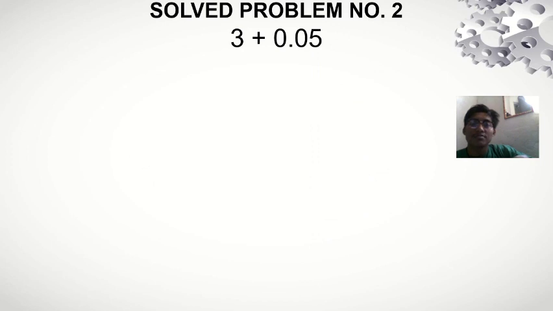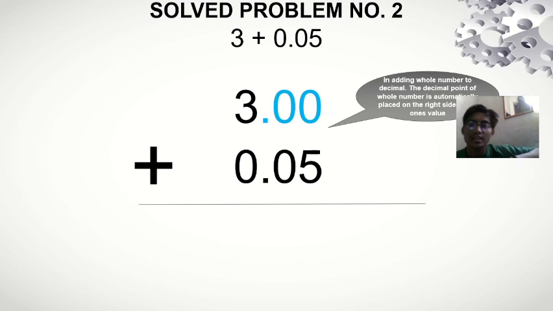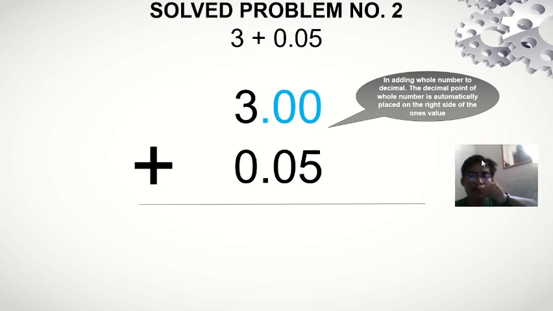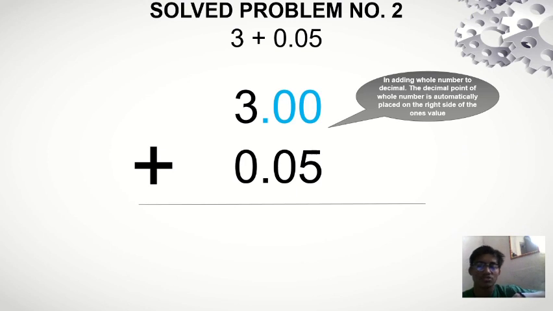Next example, we have 3 plus 0.05 or 3 plus 5 hundredths. Tenths, hundredths. So, we have 3 plus, ayan. It's up to you kung gusto nyo maglagay ng 0 para hindi kayo malito. In adding whole number to decimal, the decimal point of whole number is automatically placed on the right side of the one's values.